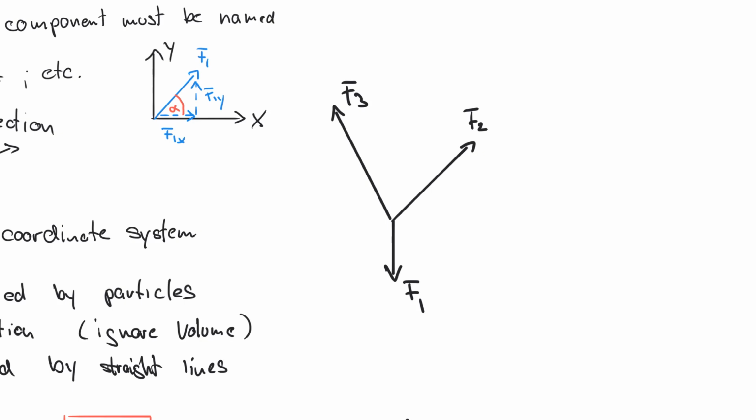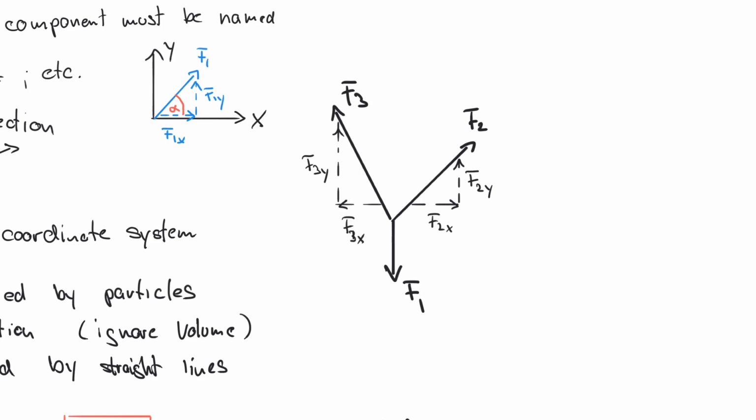So the first thing you need is a component for each of these forces. So let's do that. And remember that when we draw components, we always have to include the direction. So let's say this and this and this. And we need to include names: F2y, F2x, F3x, and F3y.